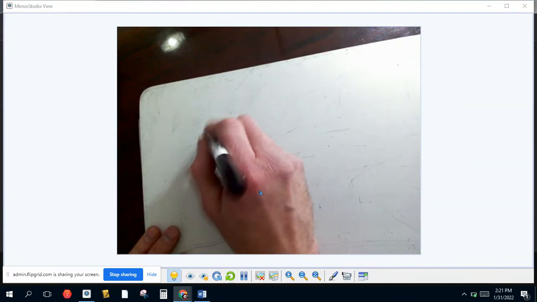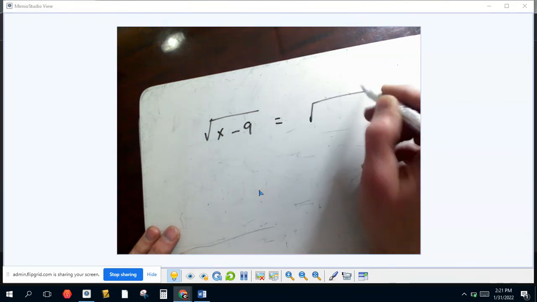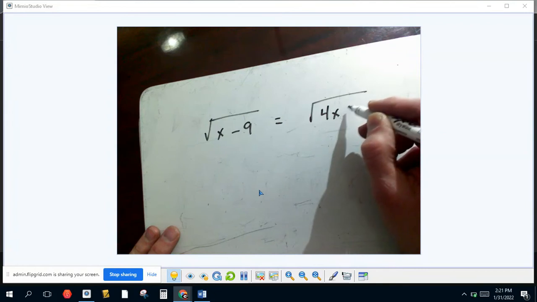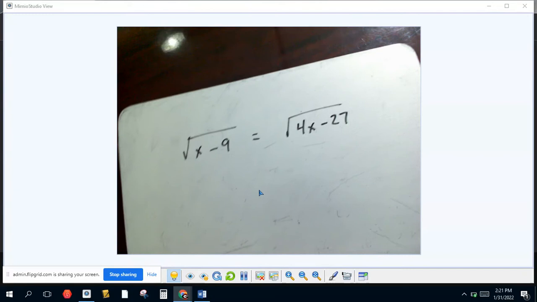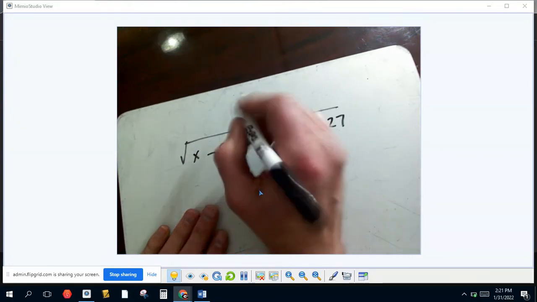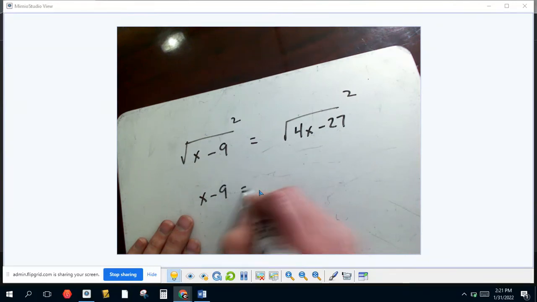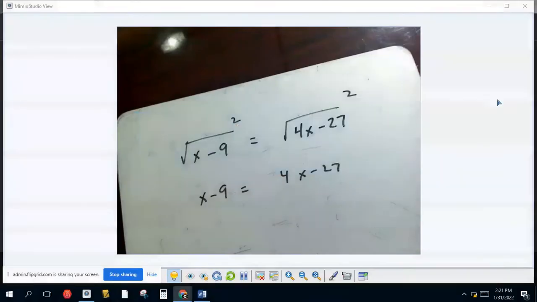Sometimes you have radicals on both sides. Let's just say 27. Now, this is easy to deal with because they're already isolated. I'm just going to square both sides. Computer running out of juice here. Square both sides.